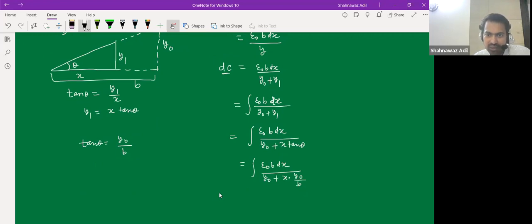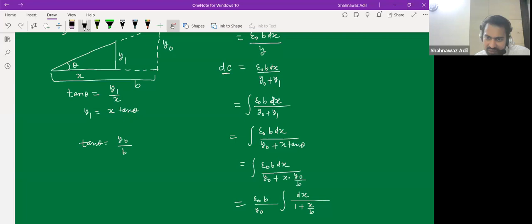Am I correct, guys? Yes. Okay, so then I can take y naught outside, so this is epsilon naught b over y naught, dx, and then 1 plus x by b. So we have this kind of integral, right?